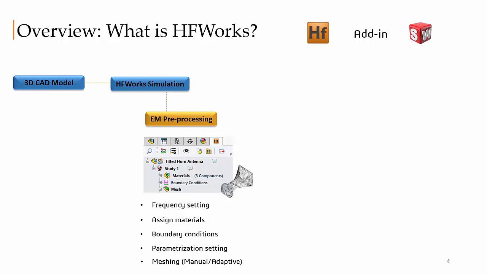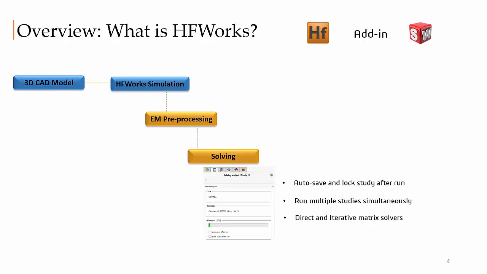Next, when your model is ready, you can switch to the Simulation tab and start with the pre-processing steps like the frequency setting, the material assignment, setting your boundary conditions, parameterization setting, and also meshing with many meshing options using manual and adaptive meshing. Then comes the run step, with many available options like running multi-selected studies, saving after running, and so on.